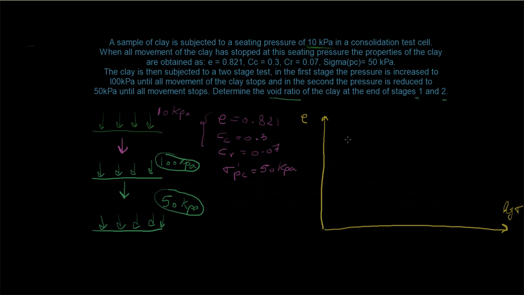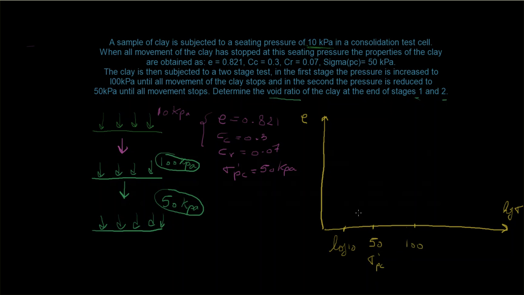First at stage 1, we had the stress at 10. I will just not write log. Then we had 50 for sigma dash PC, then we had 100, then back to 50.